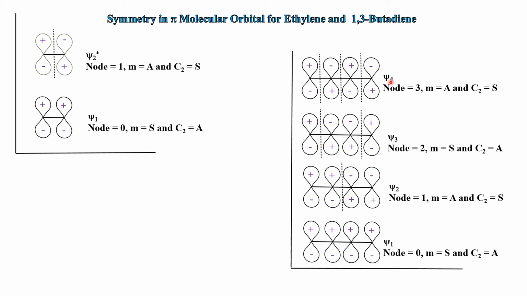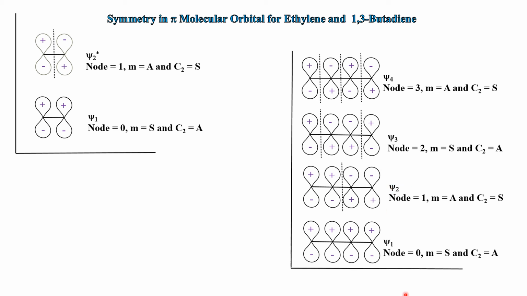This is Ψ4. All wave functions are in opposite directions. So between every two orbitals there is one node. Positive, negative, positive, negative. So it has three nodes.